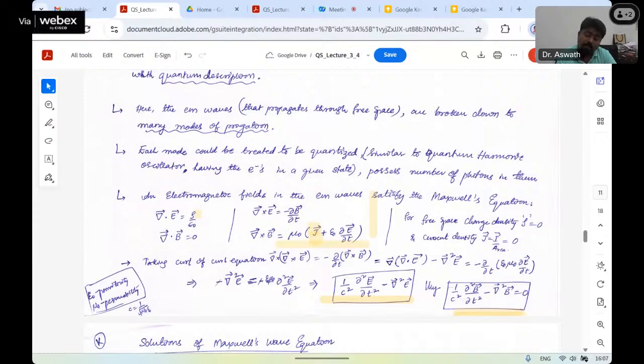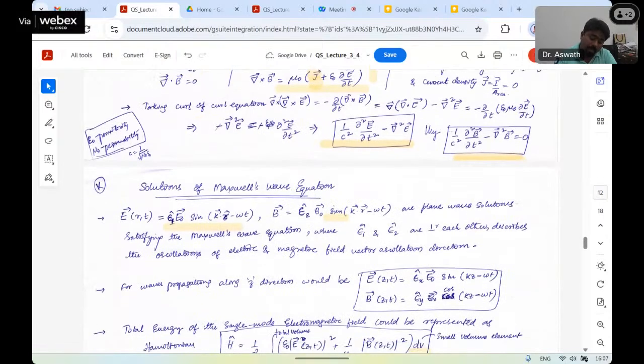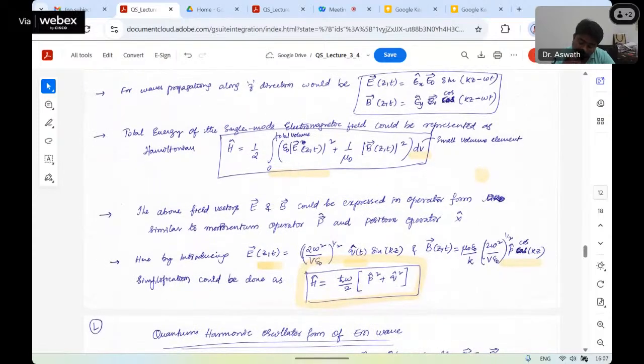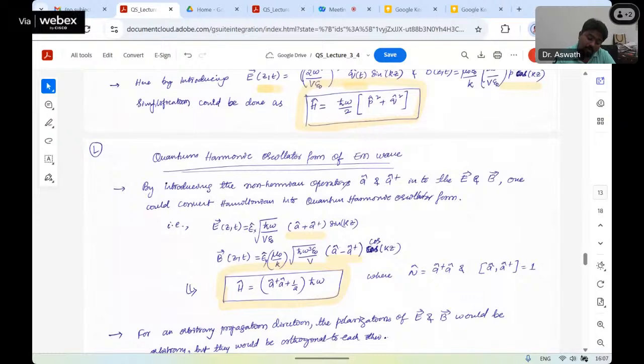Electric field vector is there, magnetic field vector is there, varying continuously. Then I introduce electric field and magnetic field in terms of some quantum operators Q and P, where Q and P further are combinations of A and A daggers. So I'm just transforming from classical physics to pure quantum physics.